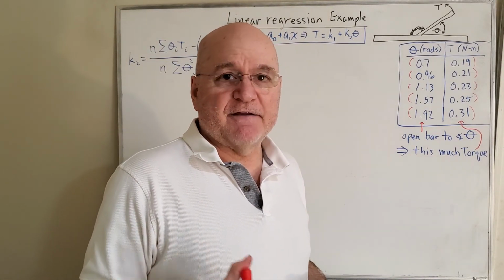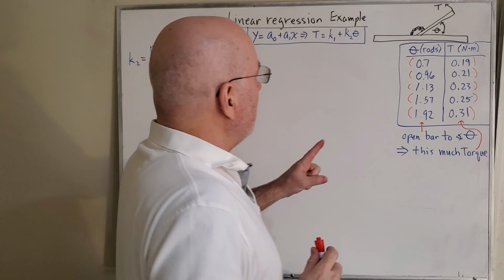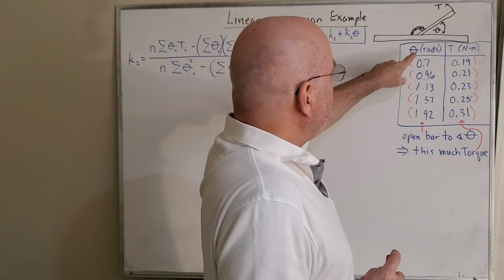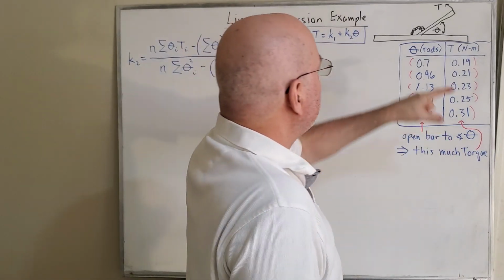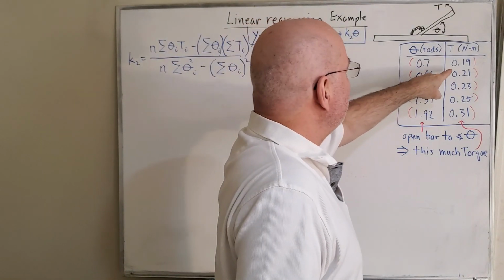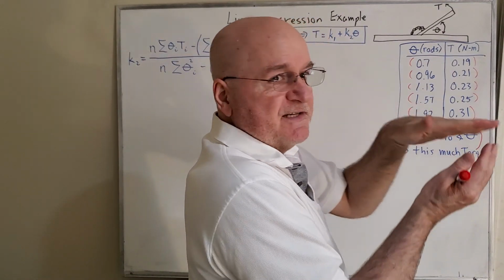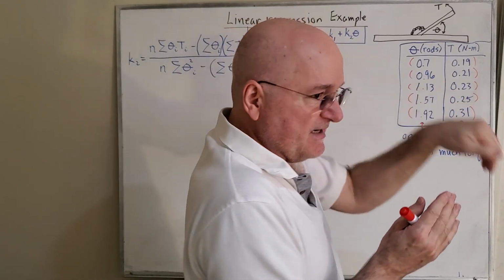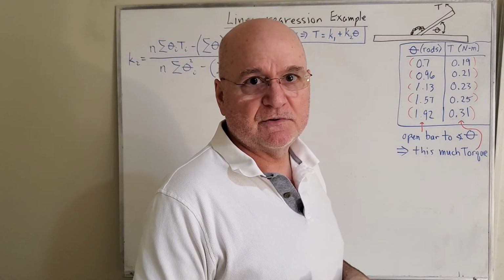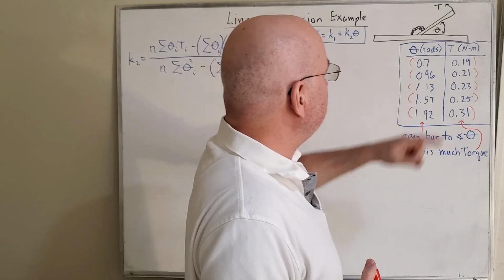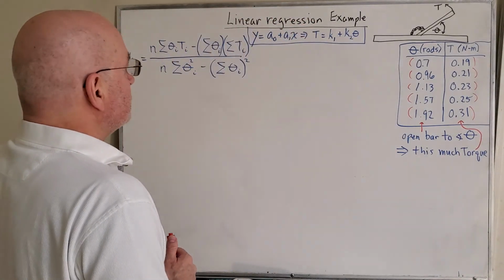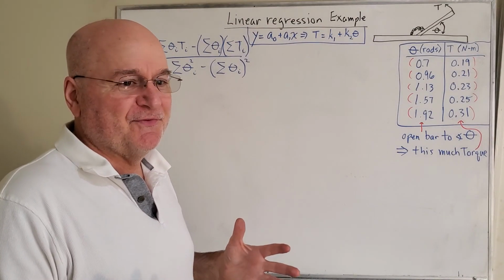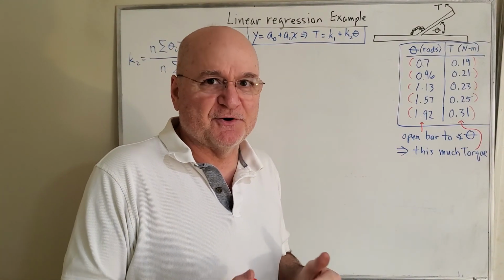But that is not a valid point, because when theta is 0, the thing is completely closed, there's still torque. It is not at rest. That spring is still pushing it closed. So 0, 0 would not be a valid point. Otherwise, that'd be very simple. Our y-intercept would be 0, 0.